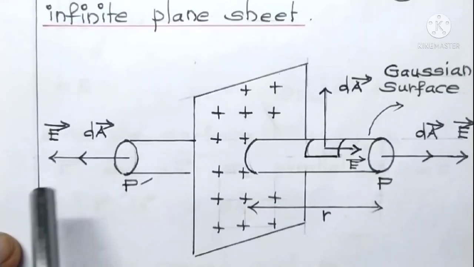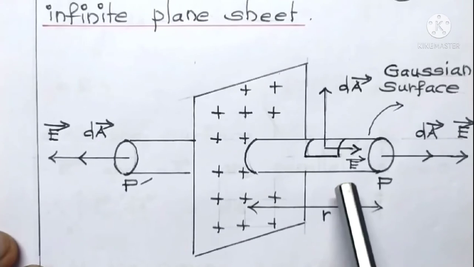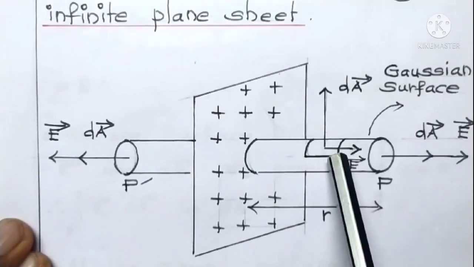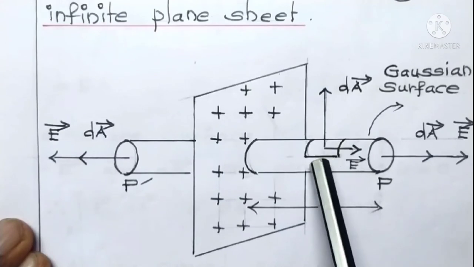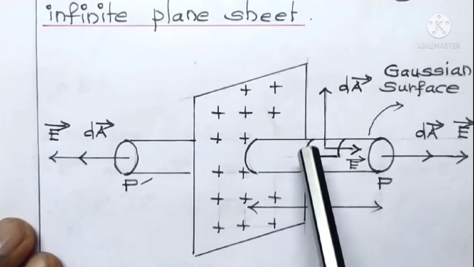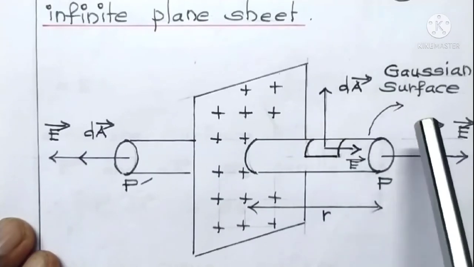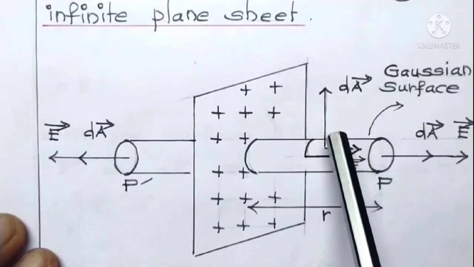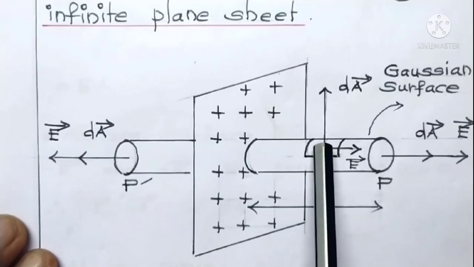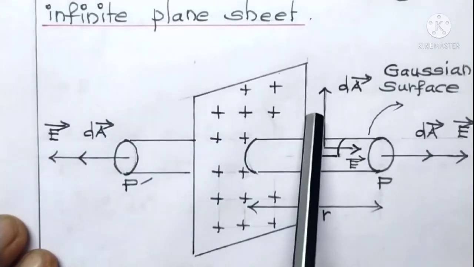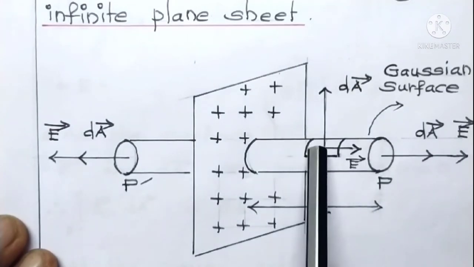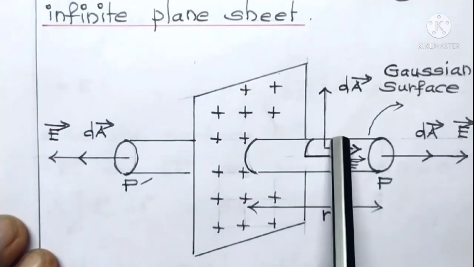Now in the third case, I am going to take a small surface over this curved surface of this cylindrical Gaussian surface. So let this surface be dA, and a vector which is perpendicular to this surface is dA vector. This dA vector is actually the areal vector of this surface.